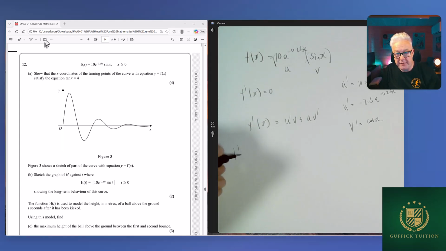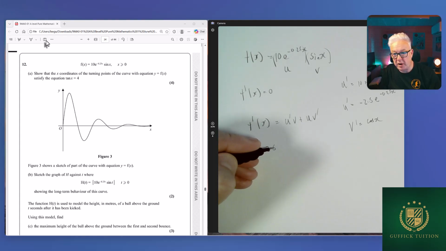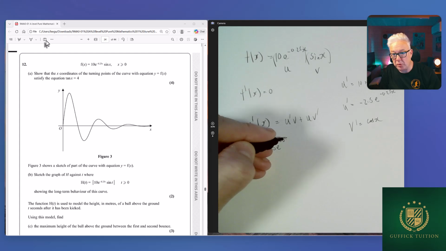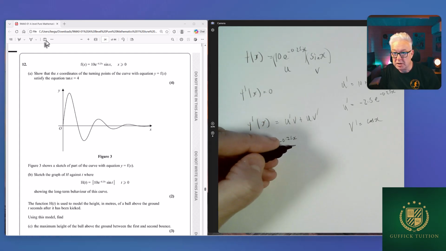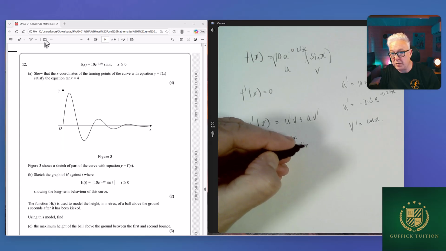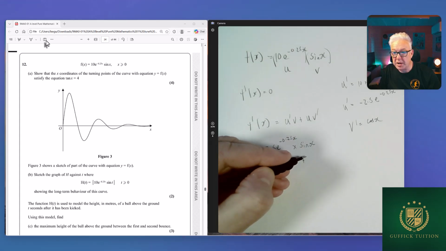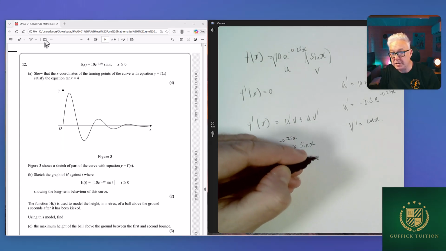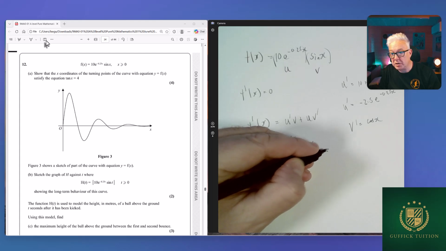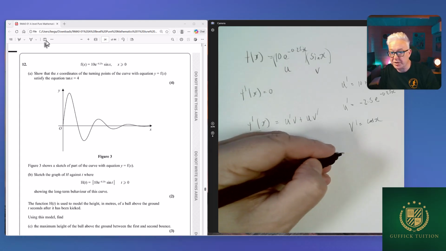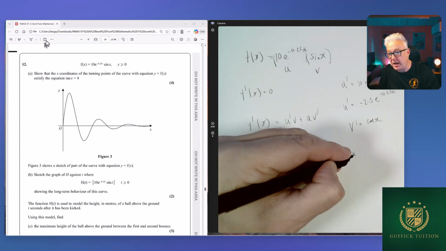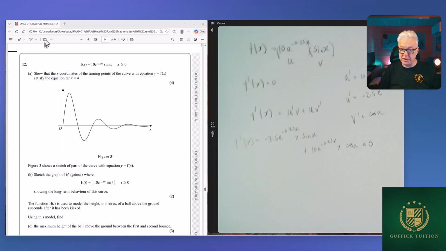So f dashed of x is equal to u dashed, which is minus 2.5 e to the minus 0.25x, times v, which is sine x, plus u, which is 10 e to the minus 0.25x, times our v dashed, which is cos x. And this is equal to 0 for a turning point.